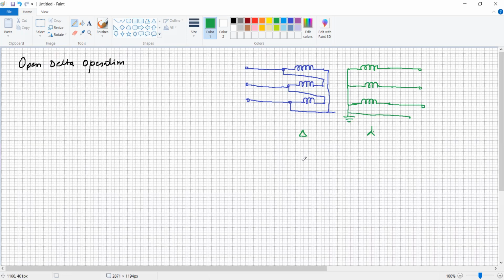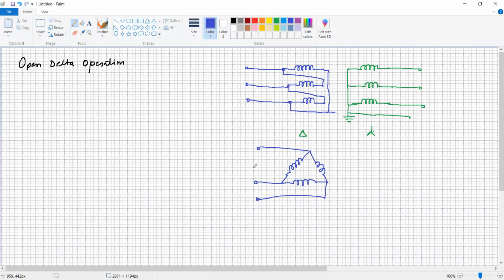So simply it is a three-phase delta connected transformer. The primary winding is the HV winding.